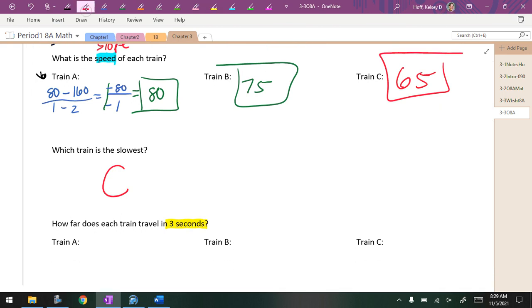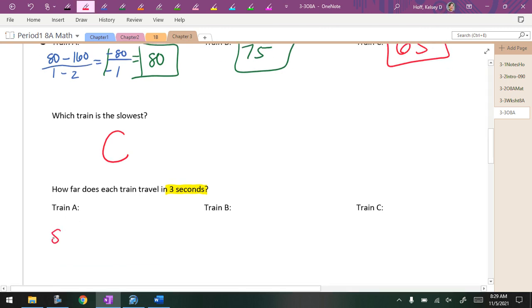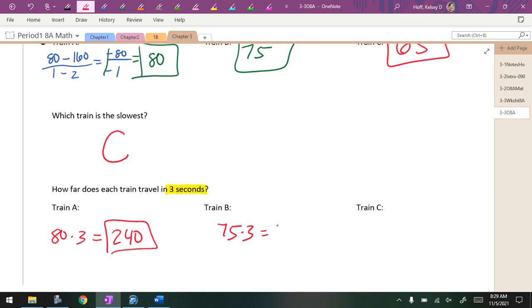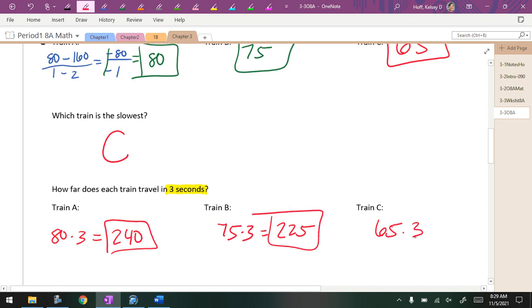So we have to take that number up here times 3. 80 times 3 is 240. Train B is 75 times 3. Train C is 65 times 3, which is 195.